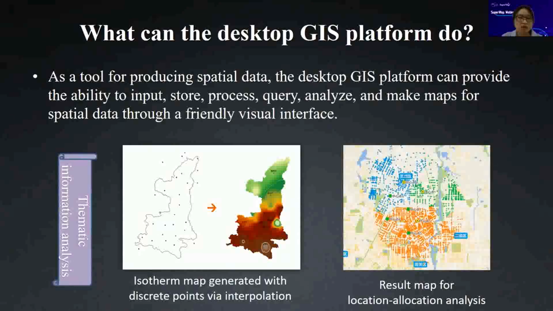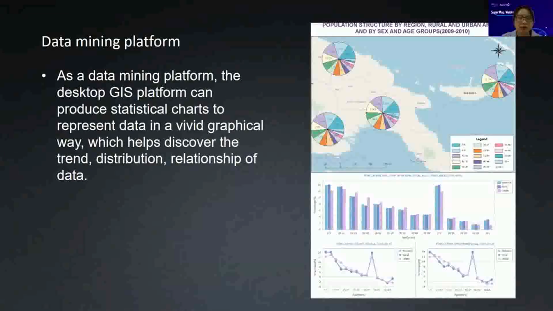iDesktop also can be a data mining platform which can produce statistic charts to represent data in a vivid graphic way, which helps discover the trend, distribution and the relationship of data.